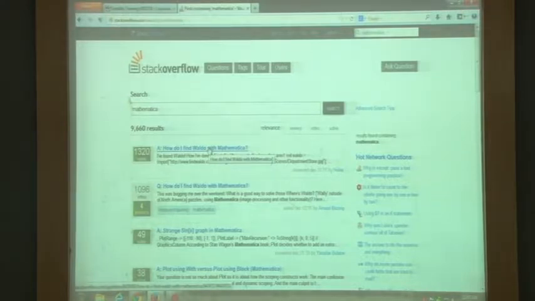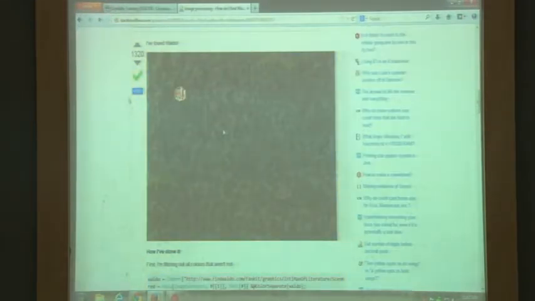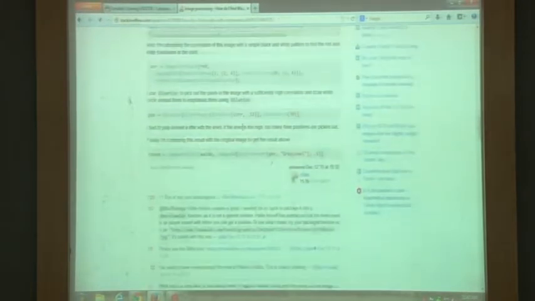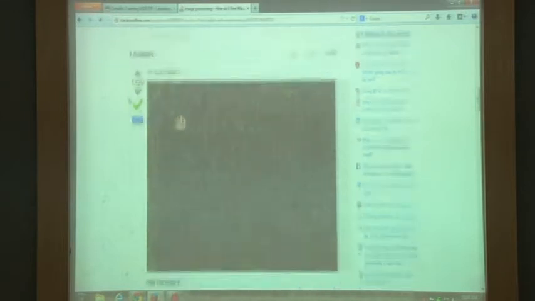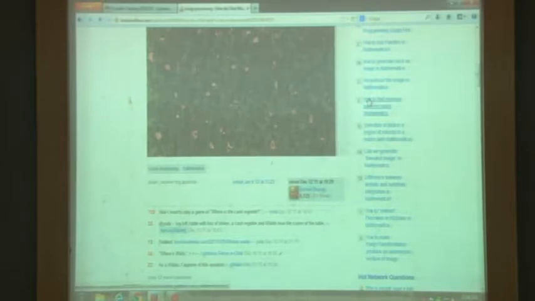Okay, never mind. So this is stackoverflow.com. For example, this is an example of how you find Waldo using image processing in Mathematica, for those of you who might be interested. It tells you step by step how to find Waldo, and Mathematica will give you exactly this. So, that was weird. Mathematica stackoverflow.com should be one of them, right?